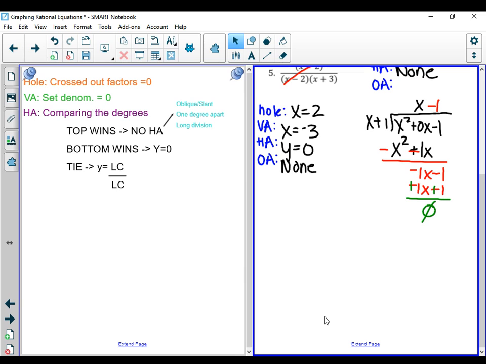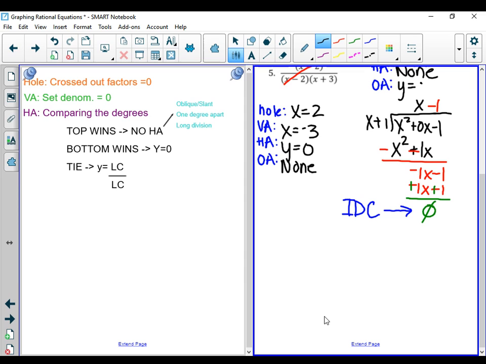No matter what case it is, in every situation when you're finding the oblique asymptote, I don't care about the remainder. The remainder means nothing to me. All right, so the question is, how do we write our answer? This part right here. You'll just write y equals x minus 1.